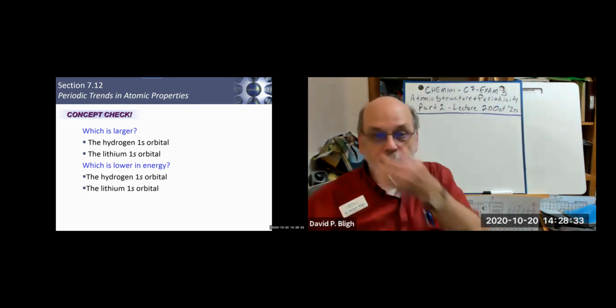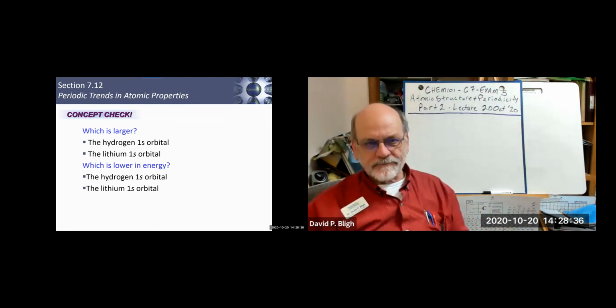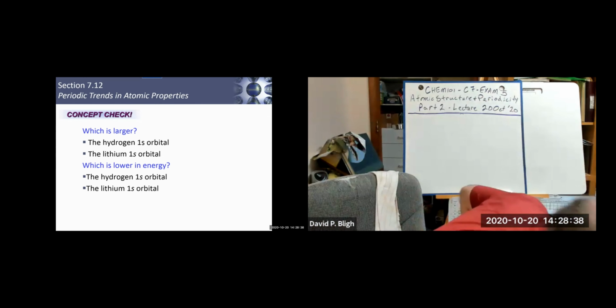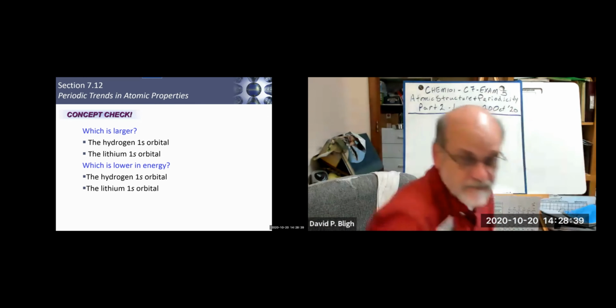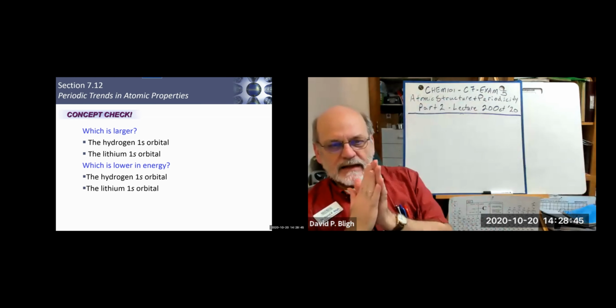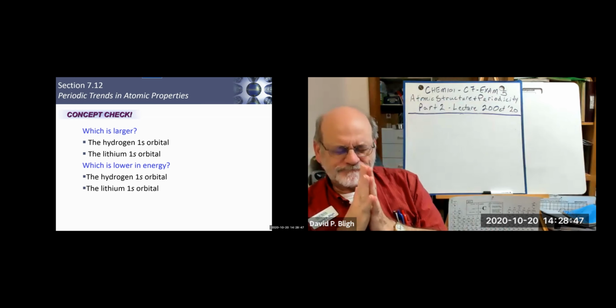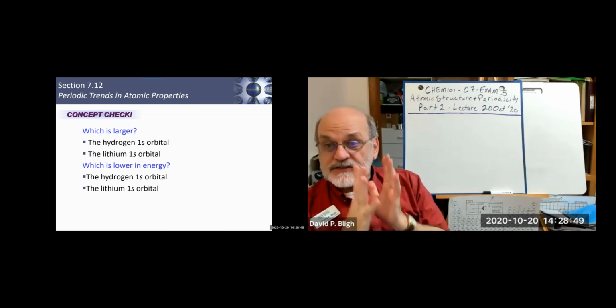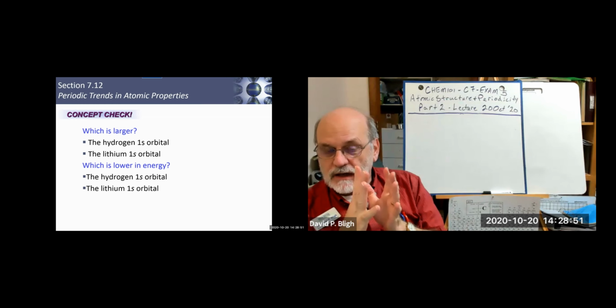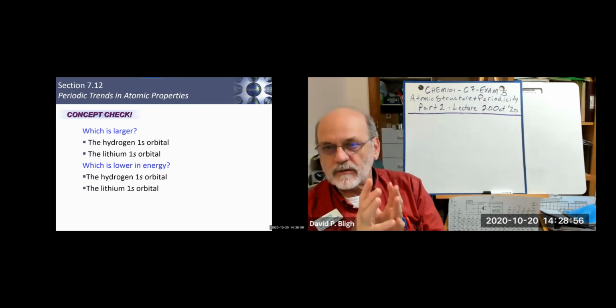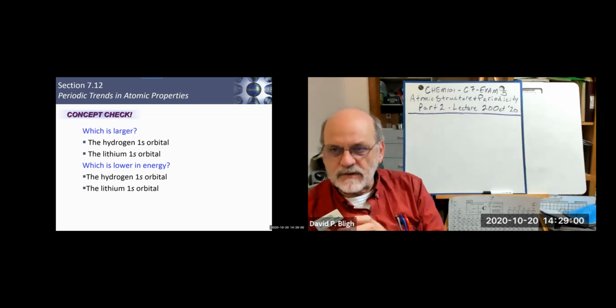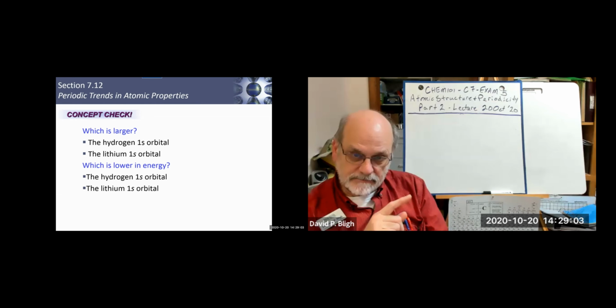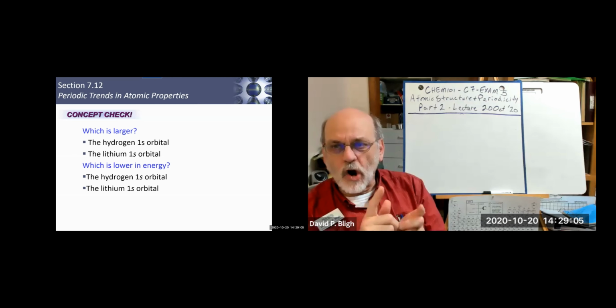Okay. So let's get back to our concept check. Let's think about the orbitals. The same principal quantum number and angular momentum quantum number, 1s, for either the hydrogen atom or the lithium atom. Which one is larger?